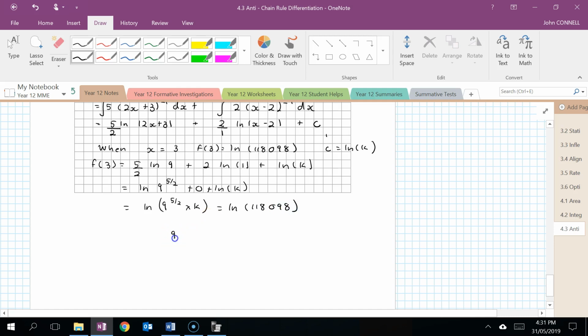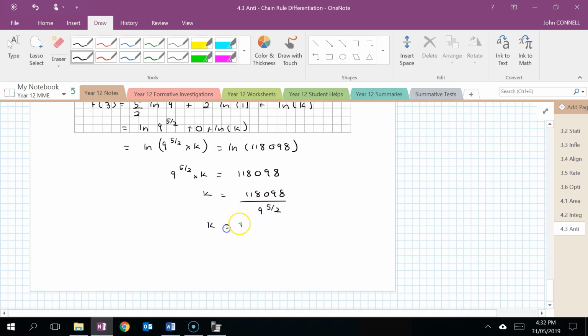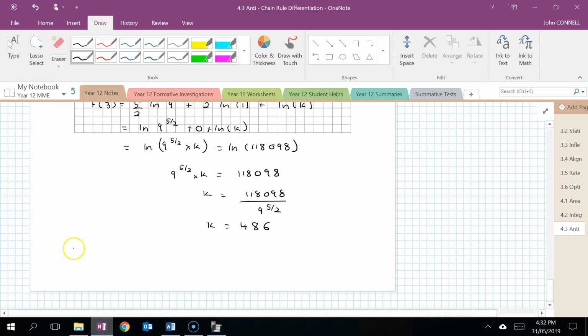And then I can say that 9 to the power of 5 on 2 times k is 118098. And then k is just going to be 118098 divided by 9 to the power of 5 on 2. So k is 486. I'll just double check that on my calculator. Yep, so k is 486.